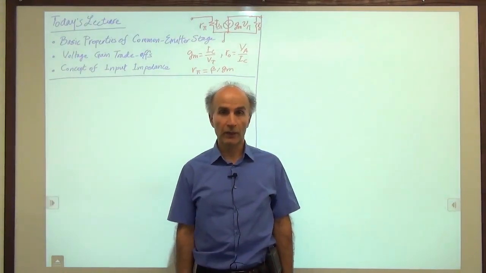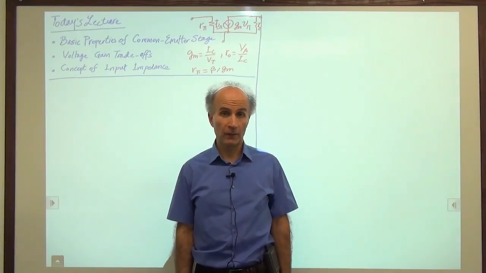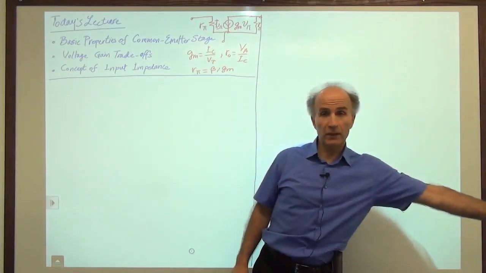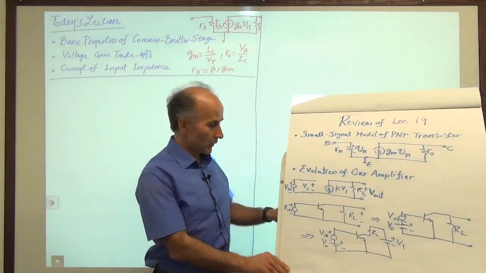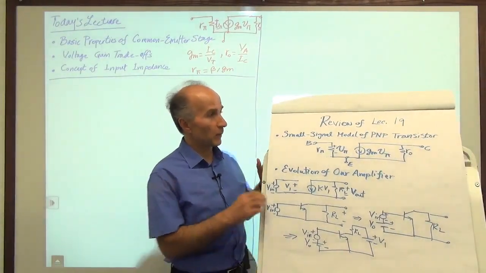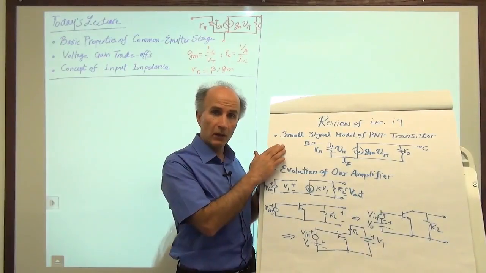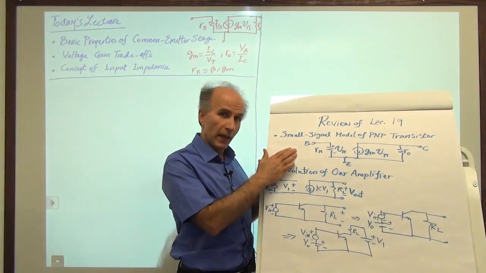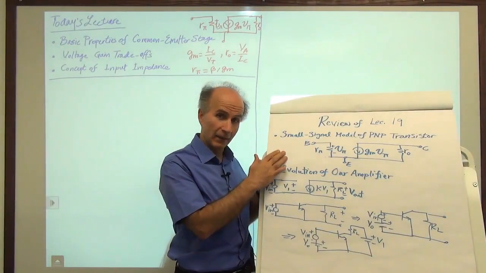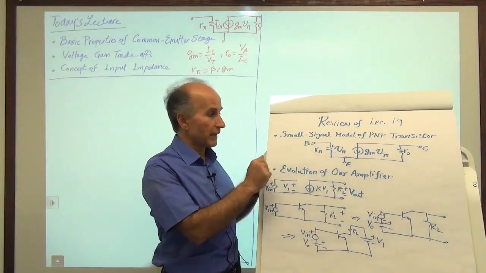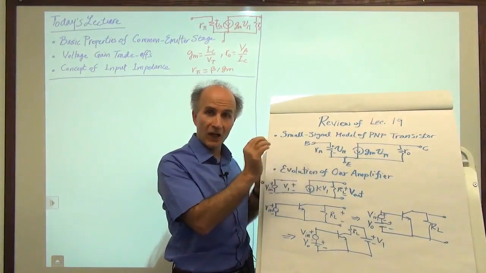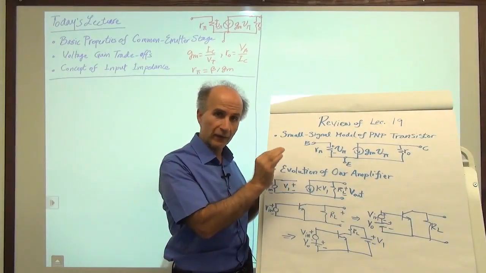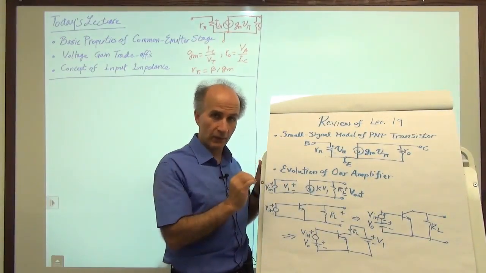So I would like to refresh your memory from last time to see where we ended up with the common emitter stage. Last time we looked at the small signal model of the PNP transistor, and what we stated without proof was that it is identical to that of the NPN transistor.